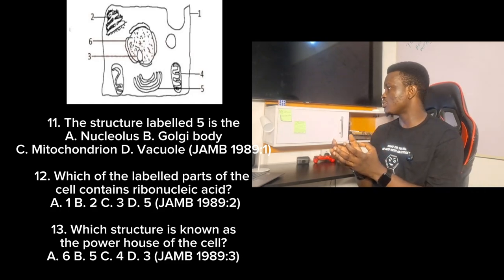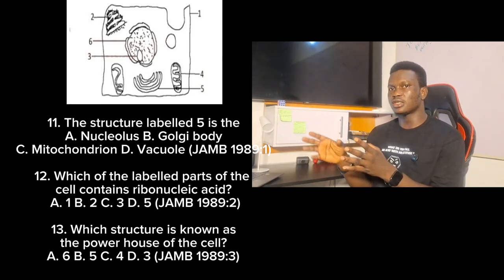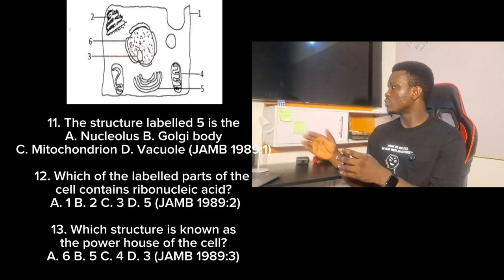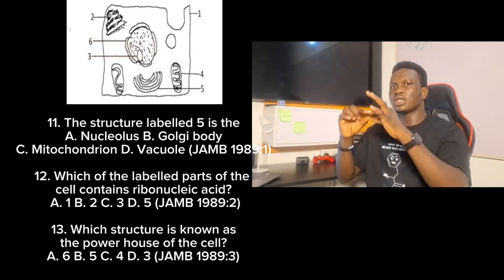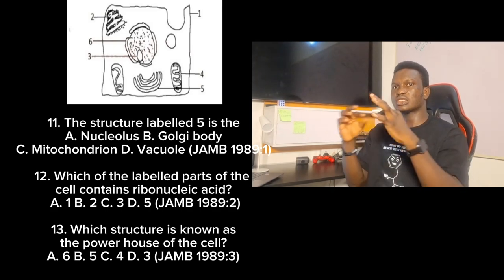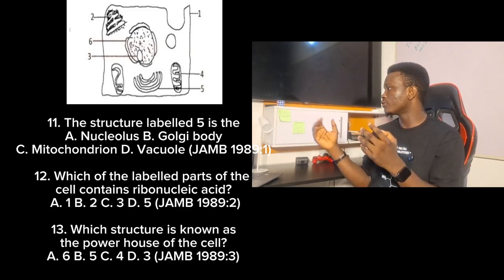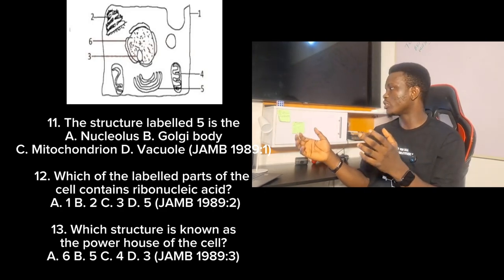If I'm going to describe it, it is interfolded. The inside has what we call the cristae, the folding inside, the matrix, the mitochondrial matrix. But if you want to know the Golgi apparatus, that looks like a hot dog. If you have seen a hot dog before, that's how they always look, with some dots or vesicles on top of them. So if you look at that number 5, that looks more like a hot dog. So that is Golgi apparatus.